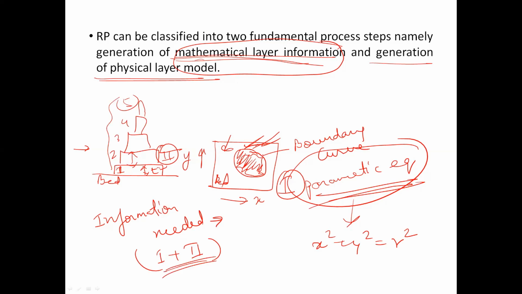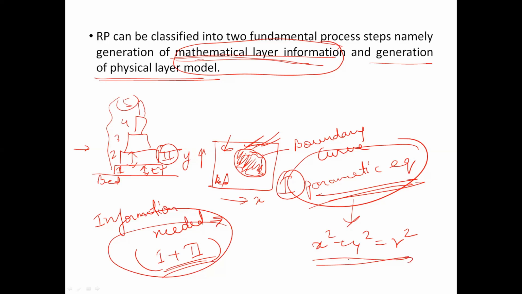And the best part is this information is a discrete information. It is not going to be similar for layer 1 and layer 2. Why? Because the parametric equation will change.